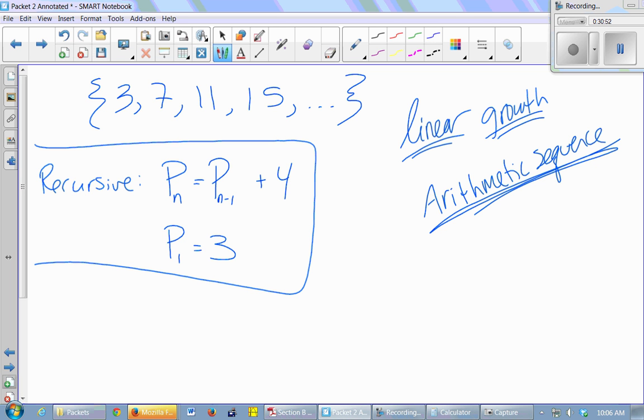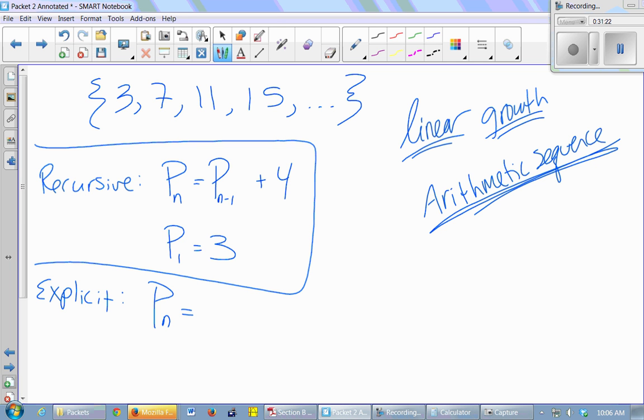All right, now let's write an explicit formula. I would say P sub n equals, now the only thing I'm allowed to use here is n. And you can usually build an explicit formula by knowing the recursive rule, right? The recursive rule is you add 4. So I add 4, add 4, add 4, add 4, add 4. Repeatedly adding 4 is what mathematical operation?